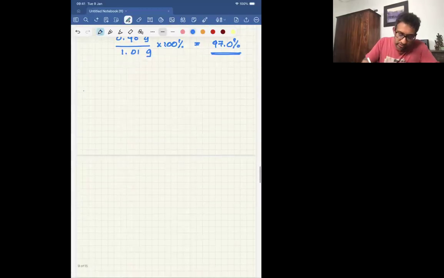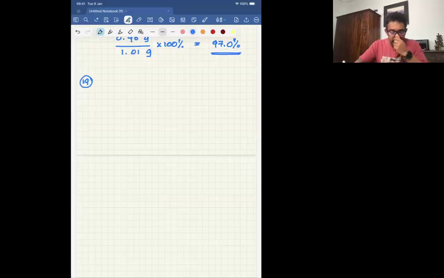Question number 19 as well. This question involves titrating ethanedioic acid, oxalic acid, H2C2O4. You are titrating oxalic acid with standard sodium hydroxide solution and then with potassium permanganate solution.